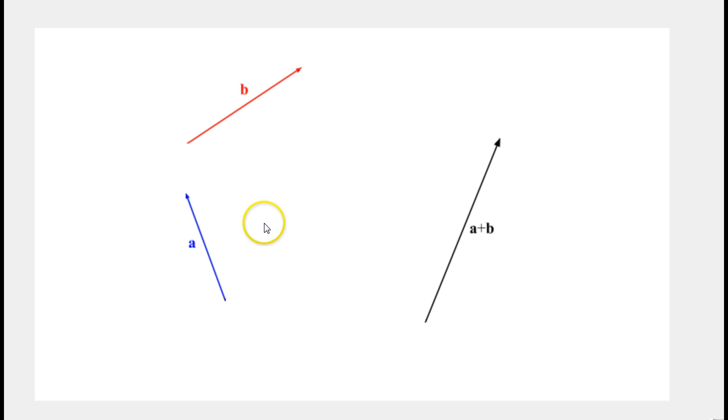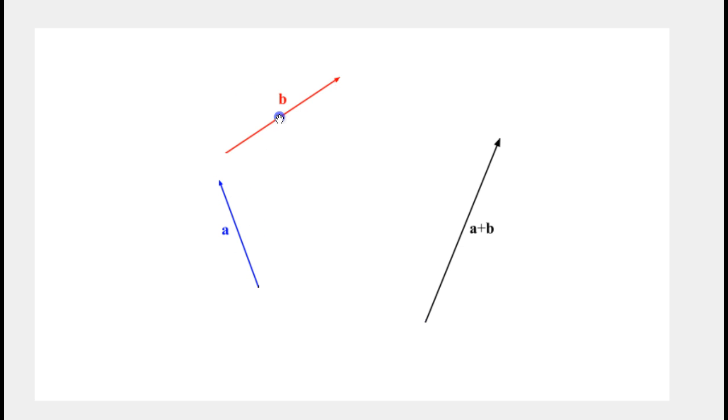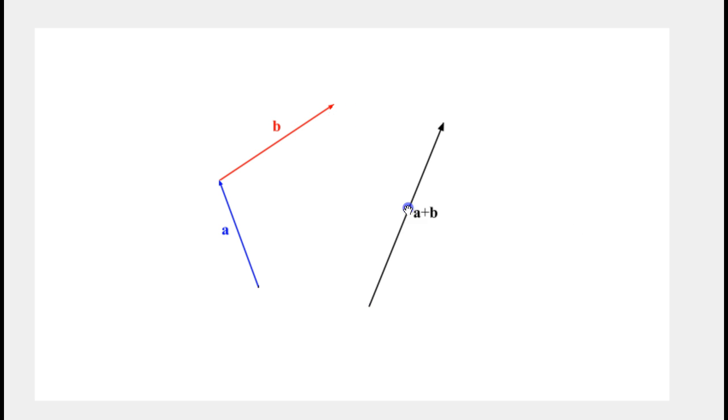The idea is that if we think of a vector as displacement, we have this displacement here from the tail of A to the head of A. If we add on the displacement of B, basically what we're saying is let's stick the tail of B at the head of A and see how far we get going from the tail of A to the head of B. And that's basically the total displacement, right?